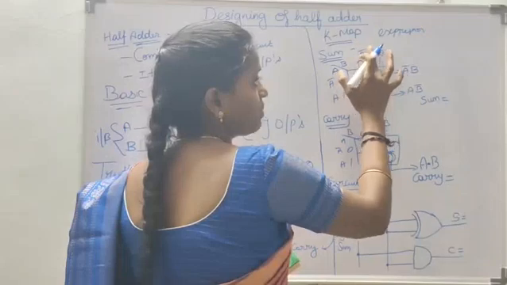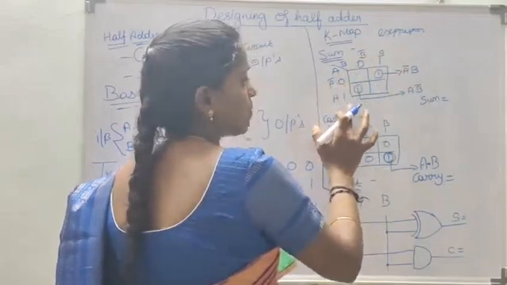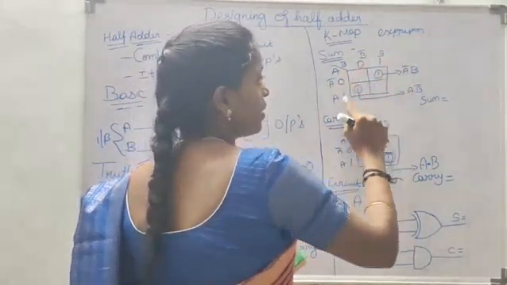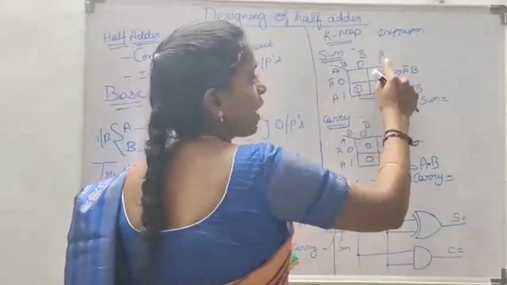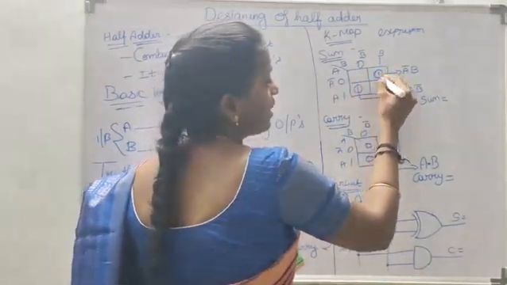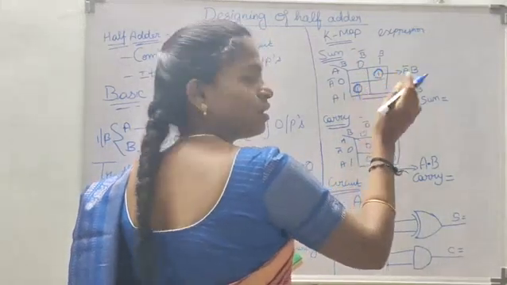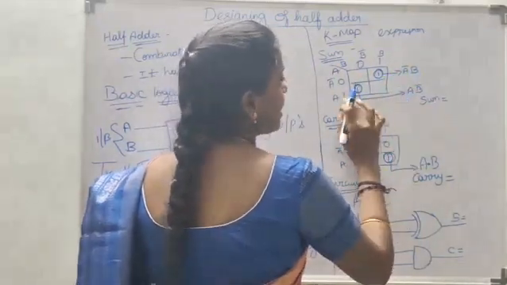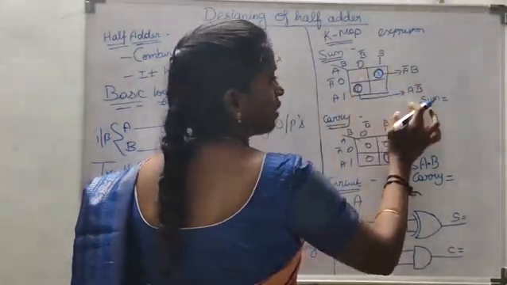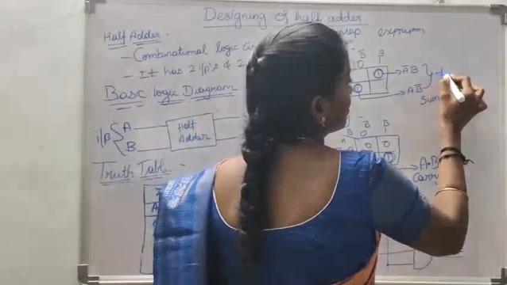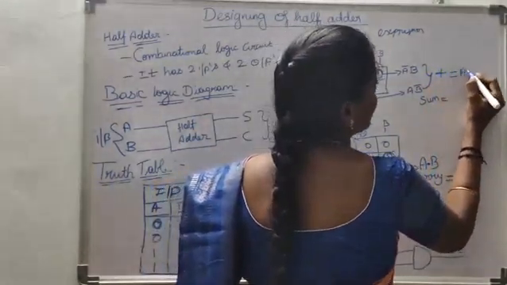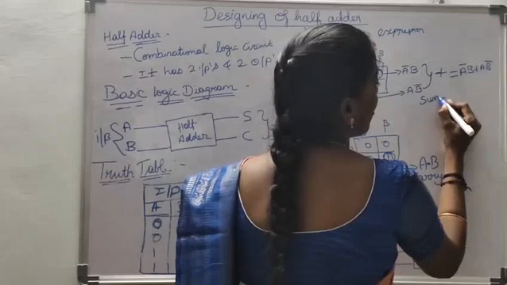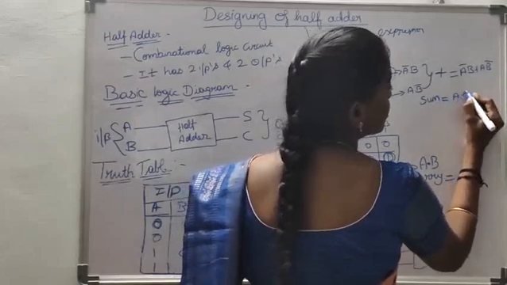Here 0 is B bar, 1 is B, 0 is A bar, 1 is A. The cell values are 0, 1, 1, 0. Separately, here 1 is A bar B and here 1 is A B bar. Now we add these, so it is A bar B plus A B bar. Then the value of the sum is A XOR B.